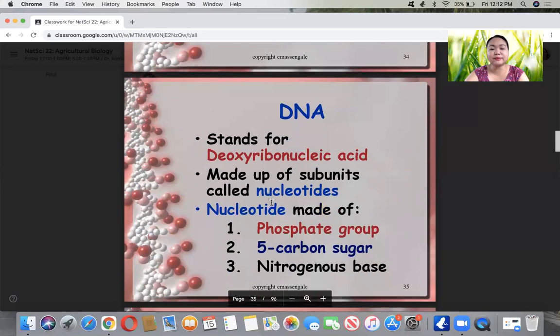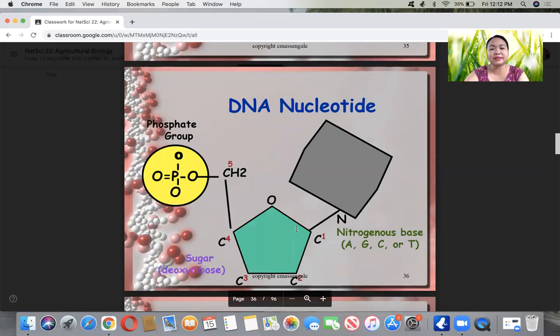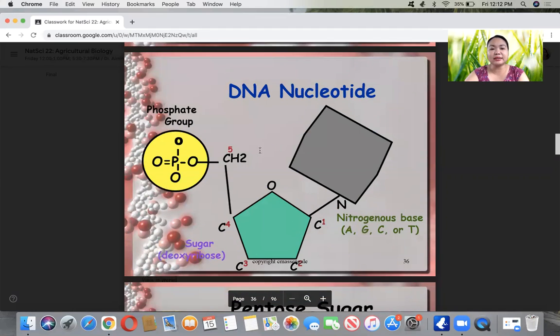So DNA stands for deoxyribonucleic acid and is made up of subunits called nucleotides, which are made up of a phosphate group, a 5-carbon sugar, and a nitrogen base. The DNA nucleotide structure is shown here.